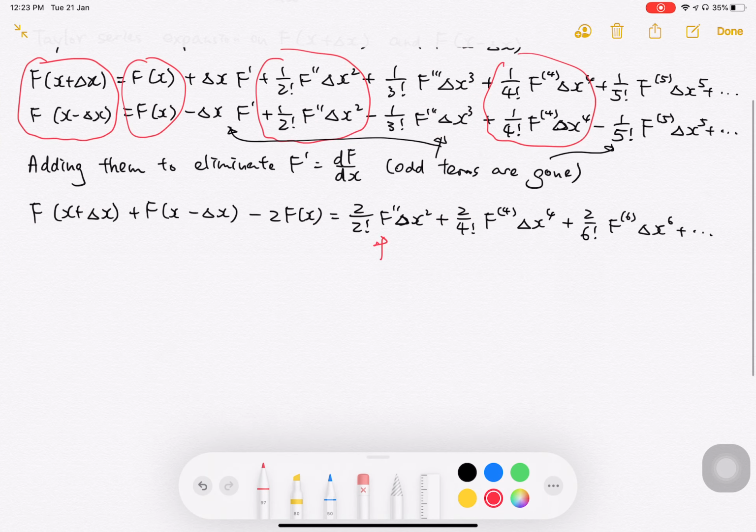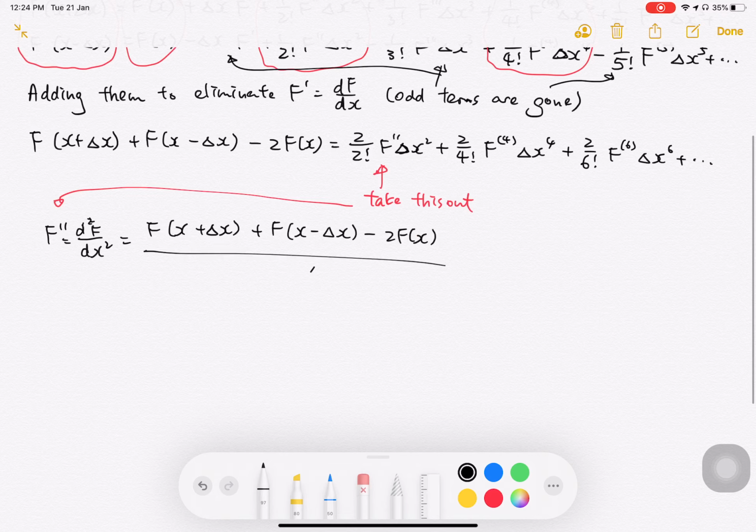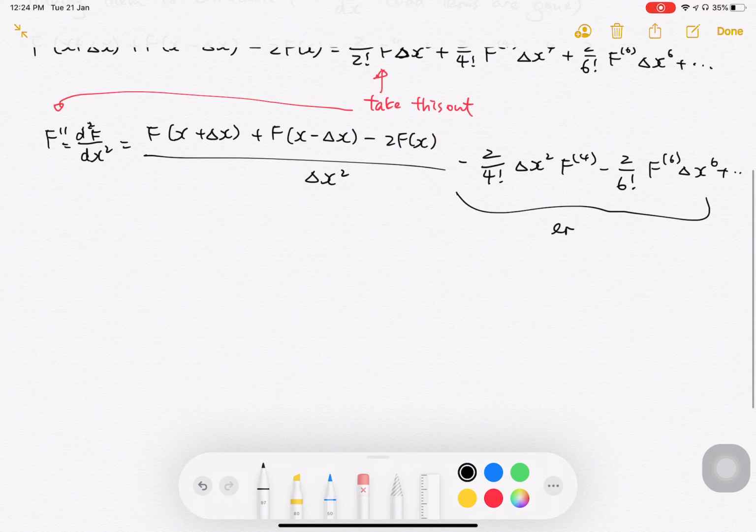Okay, and then we take this out. Okay, so then we know that this is the error, and this is what we call second order accurate.